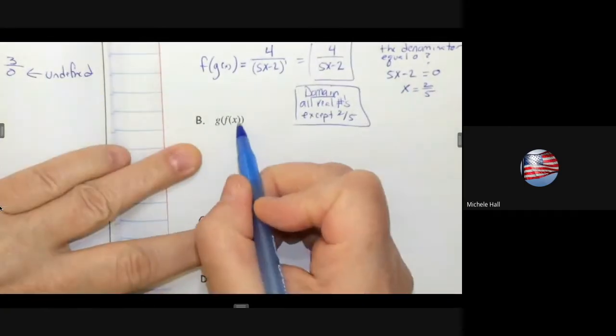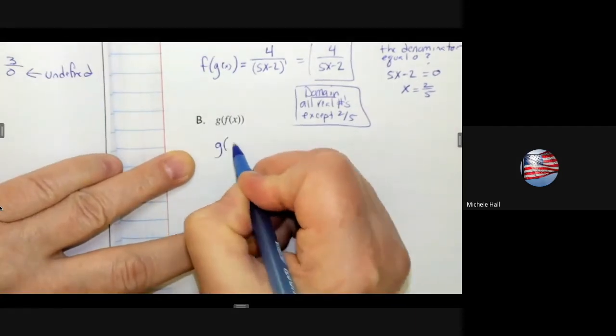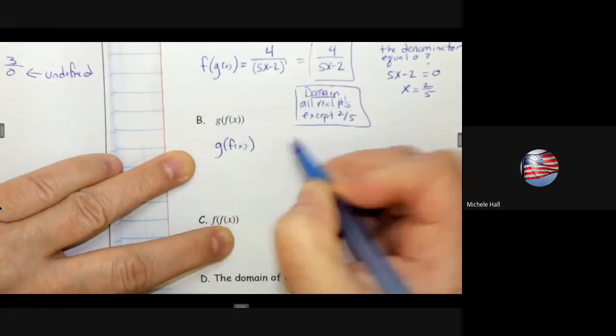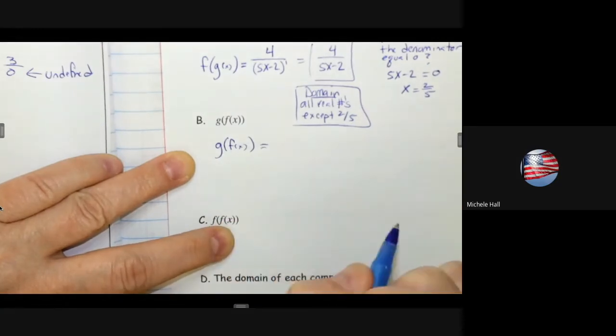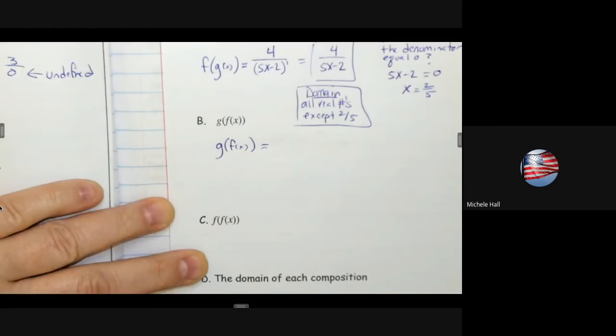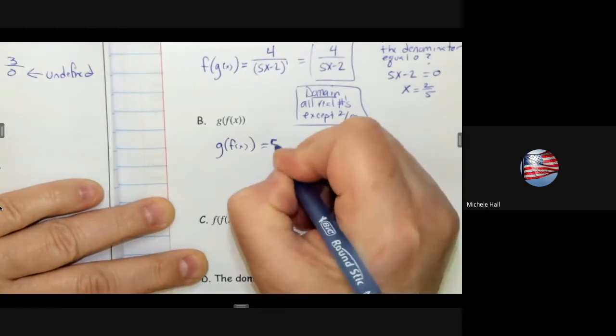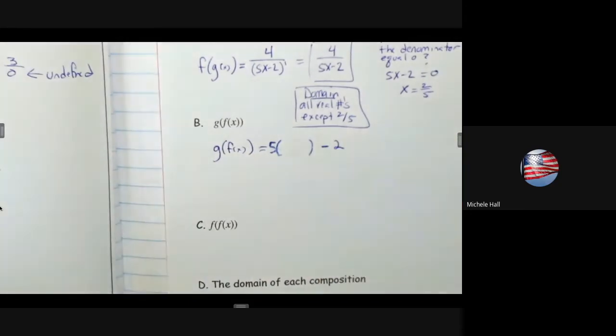That means that f of x is going into g. So I start with g. I'm starting with g, and I'm putting parentheses wherever there's an x. There could be one of them, 2 of them, whatever the function is. g of x is 5x minus 2. So that's 5. Here's my x minus 2.